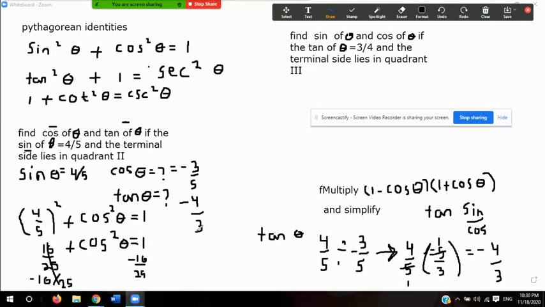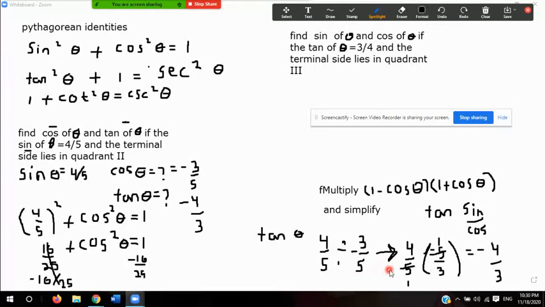Now let's look at the other example. I'm going to start erasing here, clearing up my board. Again, just to review what I did: I need to find the tangent of theta, which is sine over the cosine. So the tangent of theta would be the sine, which is 4/5, divided by the cosine that we calculated, which is negative 3/5.